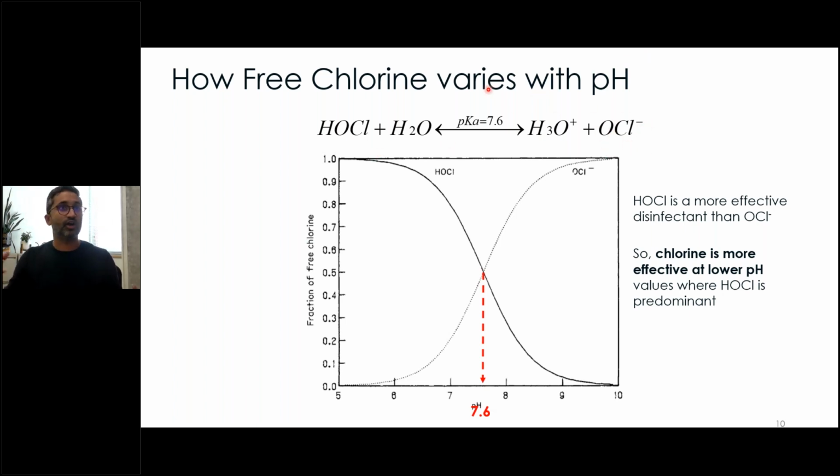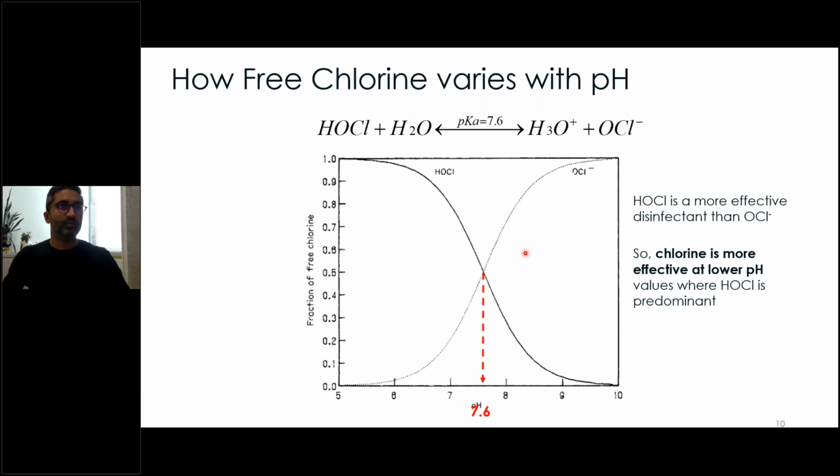These are in differing proportions depending on the pH. If you're at a pH lower than 7.6, then you're going to have predominantly hypochlorous acid, HOCl. If you're at a higher pH above 7.6, then you're going to have more of the hypochlorite ion, OCl minus, predominantly present for your free chlorine. If you're right at 7.6, that's known as the pKa, so that's when you have equal parts of both.